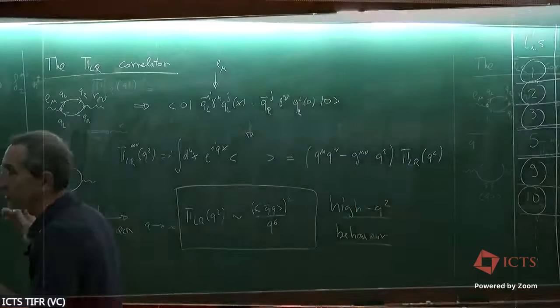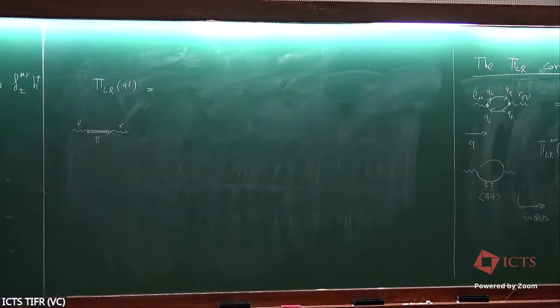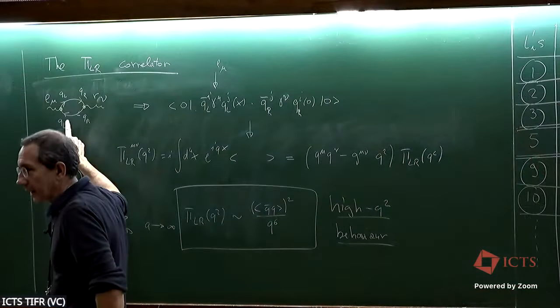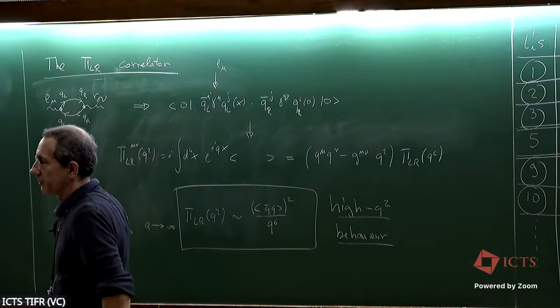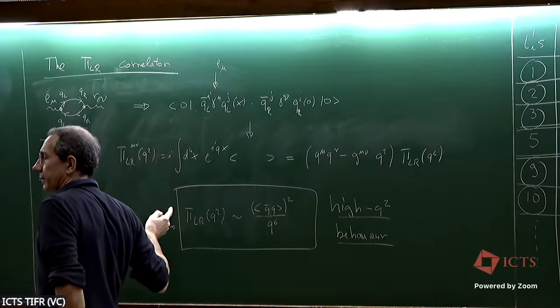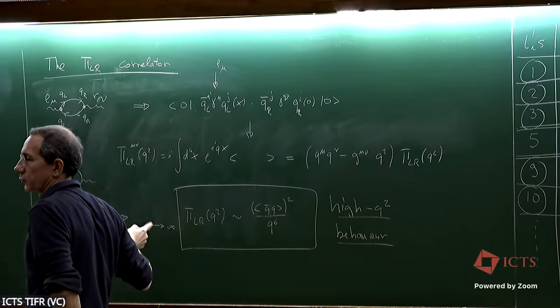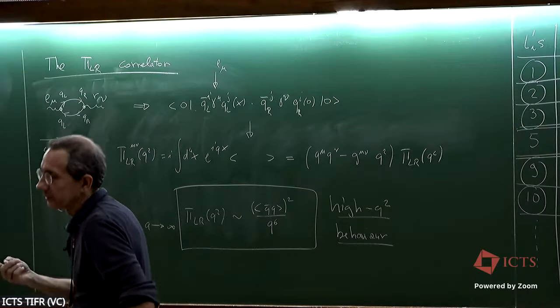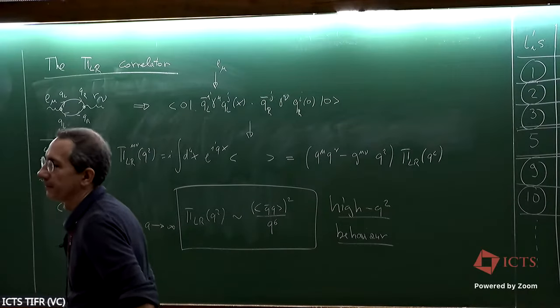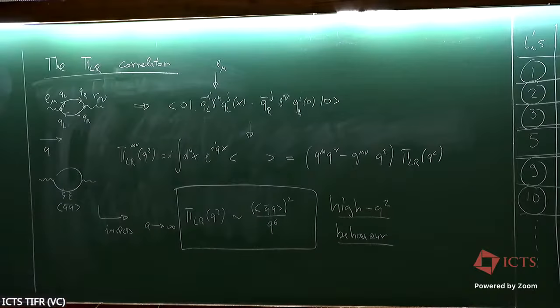Of course, if I put masses, I will get something more. You have to put two masses, okay, one is not enough. If you put two masses, then you will have something that goes like m_s squared divided by Q squared to the fourth. Yes, thanks. Of course, with masses.